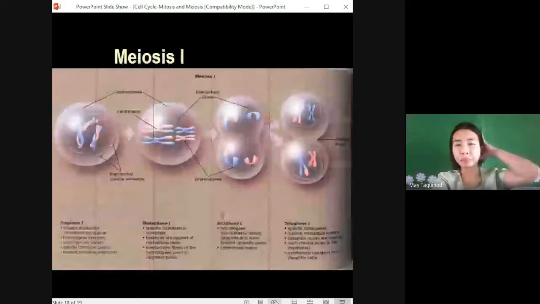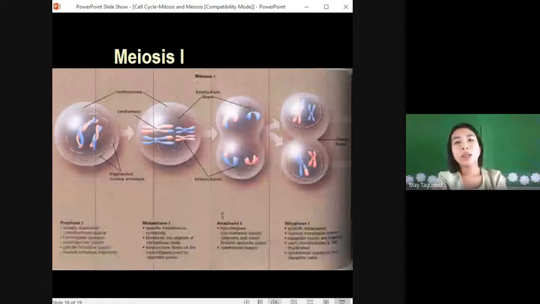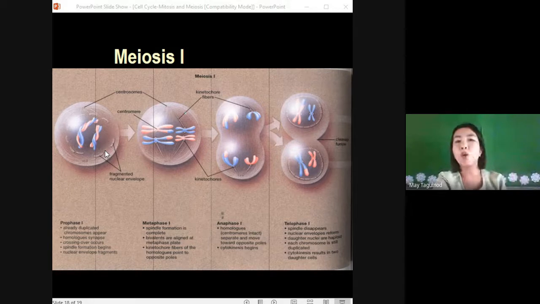Okay. So in prophase 1, each pair of homologous chromosomes come together to form a tetrad. And what is a tetrad? It is when two homologous chromosomes come together and the four chromatids overlap.